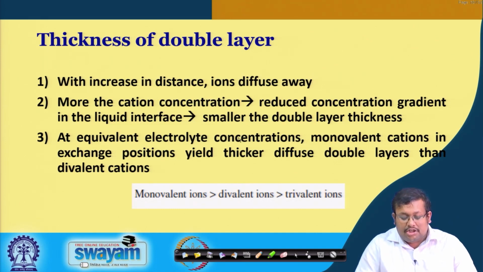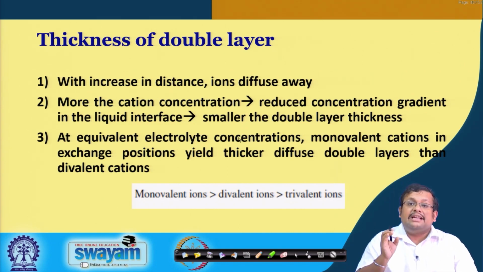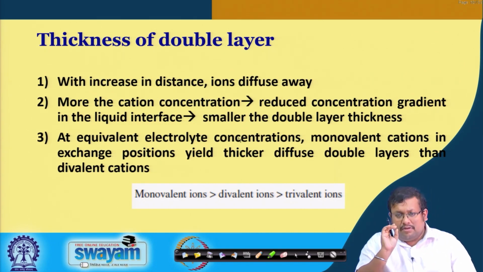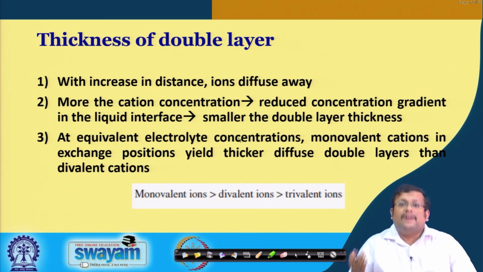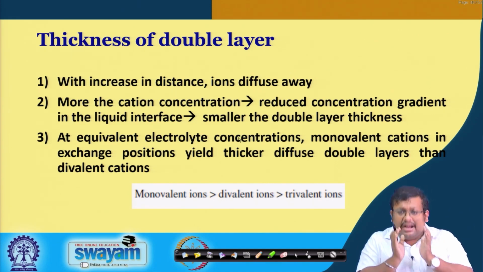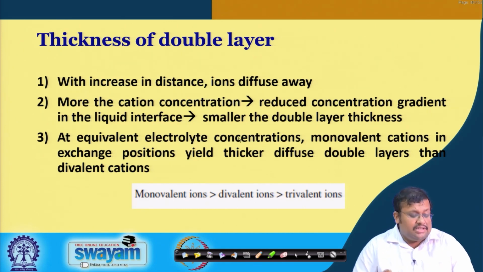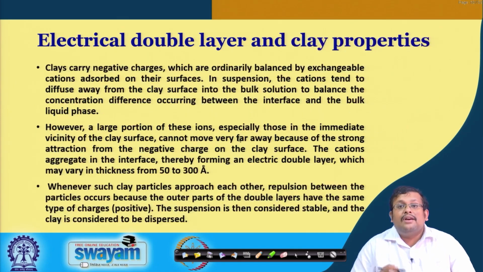So, monovalent ions will produce a thicker diffuse double layer than divalent ions, and than trivalent ions, because the size of the hydrated monovalent ions is higher than that of divalent ions, which is further higher than that of trivalent ions. So, it depends on the hydrated radius of the counter ions. Obviously the thickness of the diffuse double layer is more in case of monovalent ions.